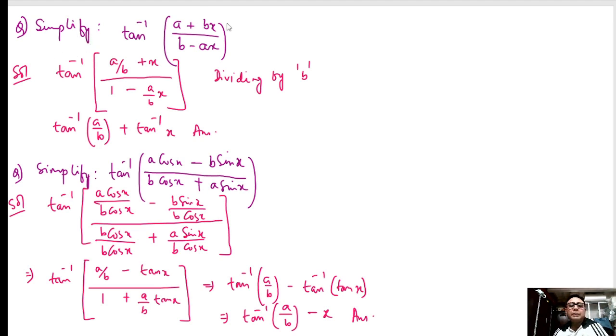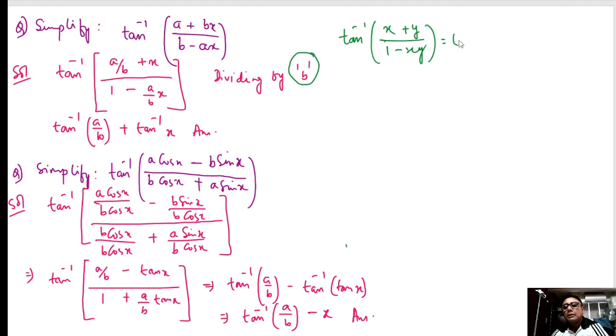Simplify tan inverse a plus bx by b minus ax. So see what we have to do here. I am dividing by b. So this becomes a by b plus x, 1 minus a by b x. Now we know tan inverse x plus y by 1 minus xy.